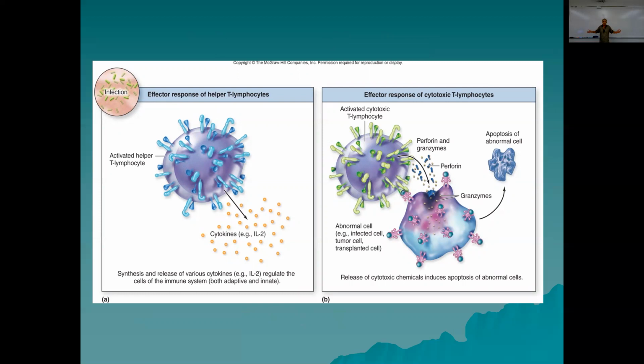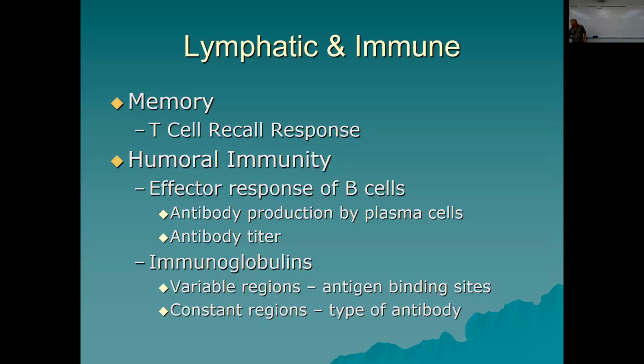These are cytokines that stimulate other cells. There's a whole bunch of them, but we just need to know interleukin-2 and interleukin-4. The effective response of cytotoxic T cells to the right: the secretion of the perforins, and then the granzymes to completely destroy this unhealthy cell, causing apoptosis of that abnormal cell.